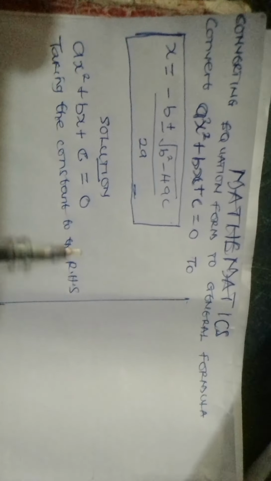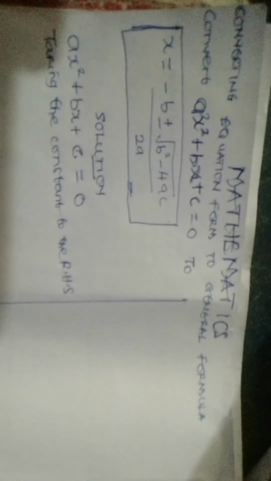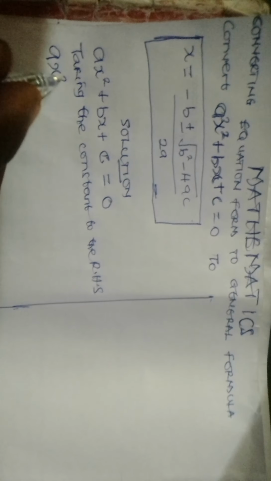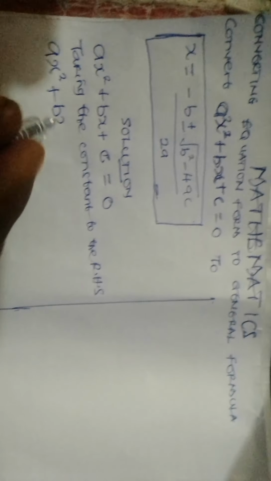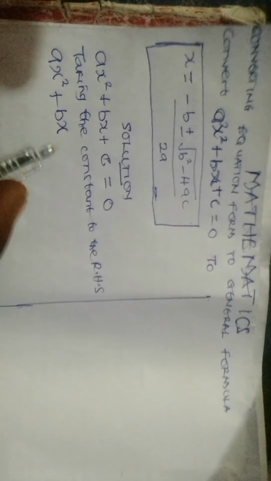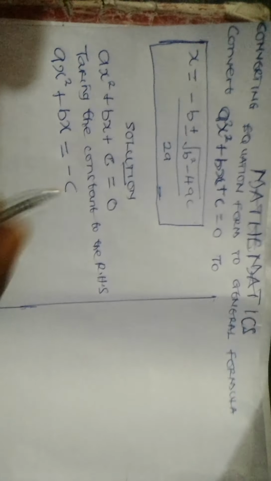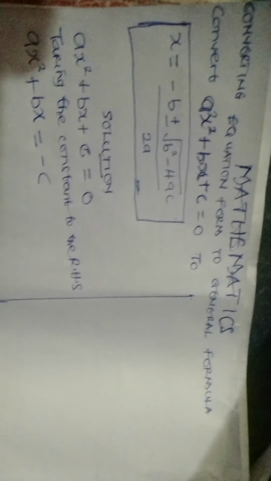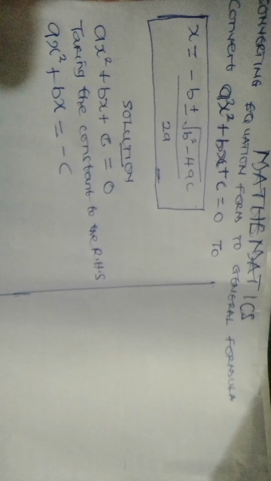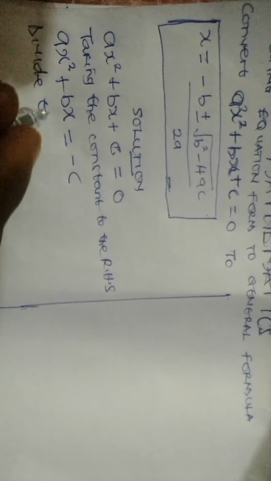The right hand side is the side at the right of the equality sign. So we have ax squared plus bx. Now this c, it is plus here, it turns to minus. That equals minus c.